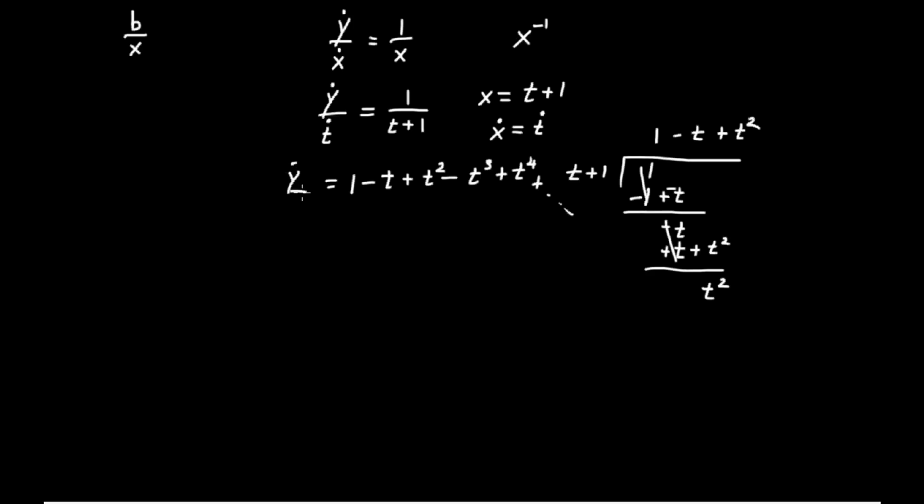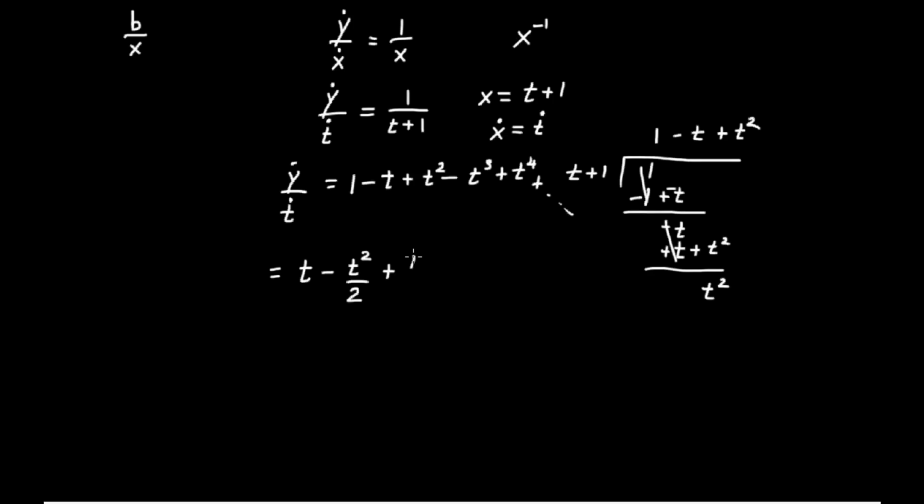And that's still equal to y dot over t dot. And now I just use that very simple rule for finding the antiderivative of a power series or of power functions. The antiderivative of 1 is going to be t. I take the antiderivative of t, and I get t squared over 2.